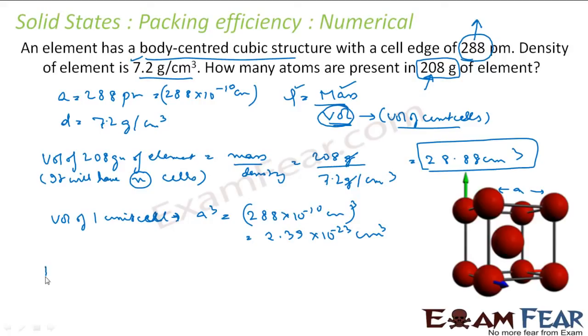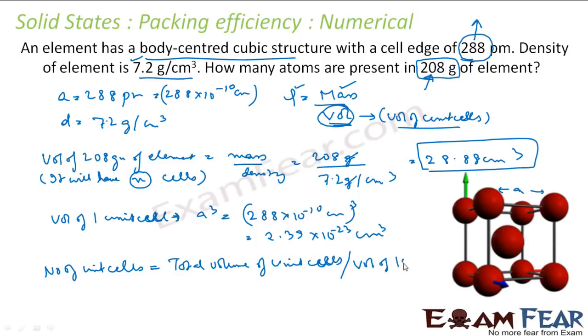So if I have to find the number of unit cells, that is nothing but total volume of unit cells by volume of one unit cell. The total volume is given here, 28.88 centimeter cube.